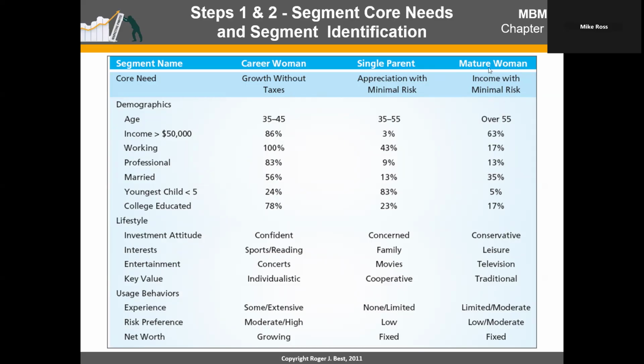Income with minimal risk, mature woman, income with minimal risk. They're older, over 55. And so their lifestyle needs, if you're older, at least based upon this segmentation, you're maybe more conservative as opposed to a career woman, more confident, maybe more interested in active sports, hiking, running, biking, as opposed to "I want to ride in a carriage in Charleston and just kind of take me around and I'll see all the cool stuff."